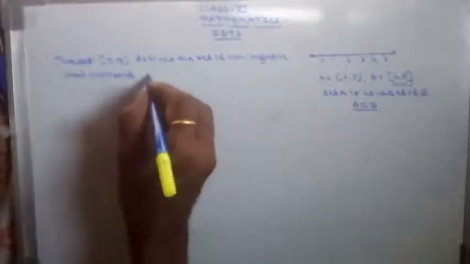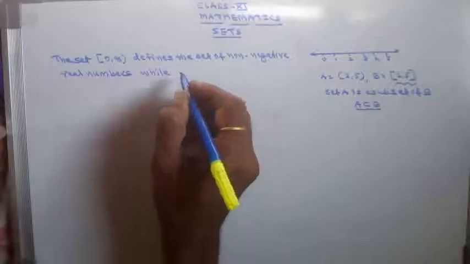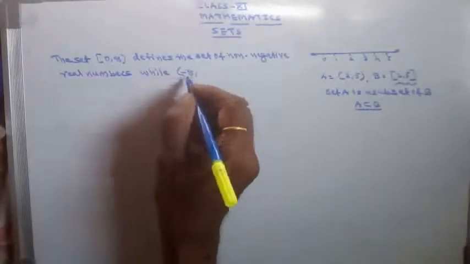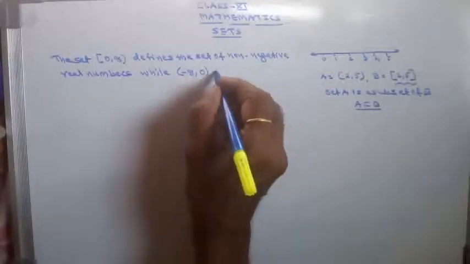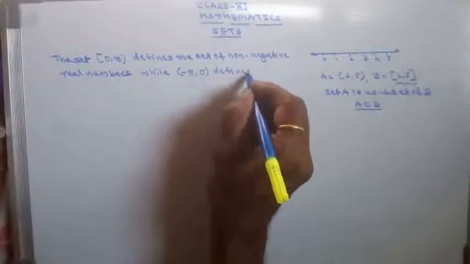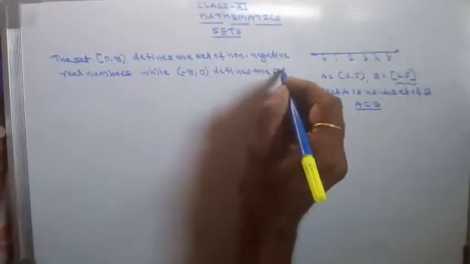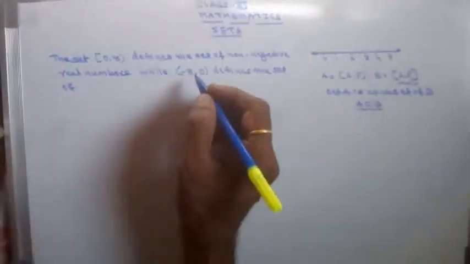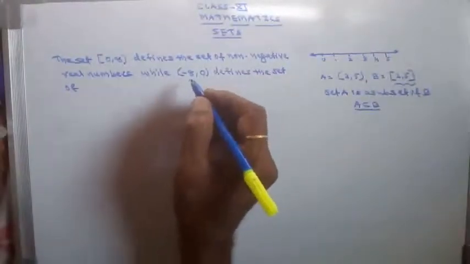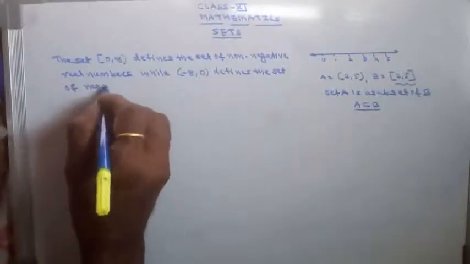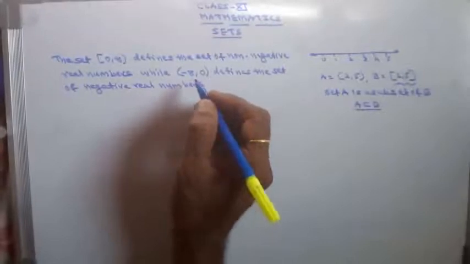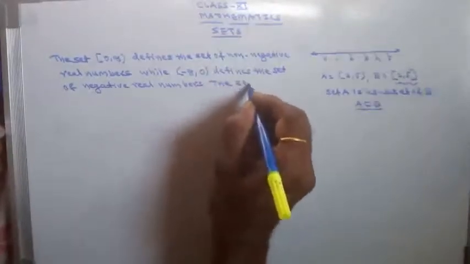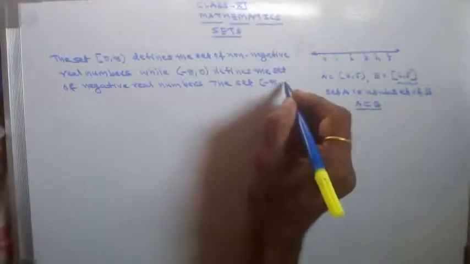Okay, while if you take another set, that is minus infinity to 0, open interval, it defines the set of negative real numbers; these all are negative numbers. And consider the set minus infinity to infinity.